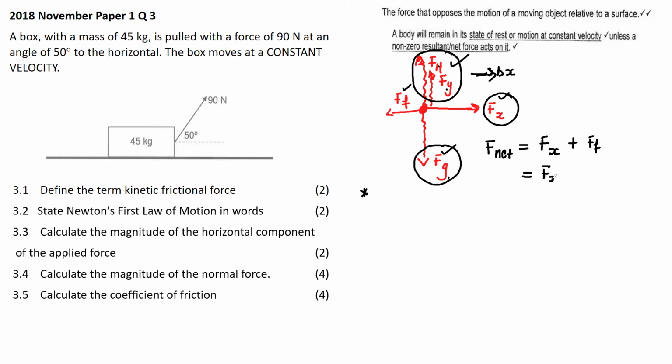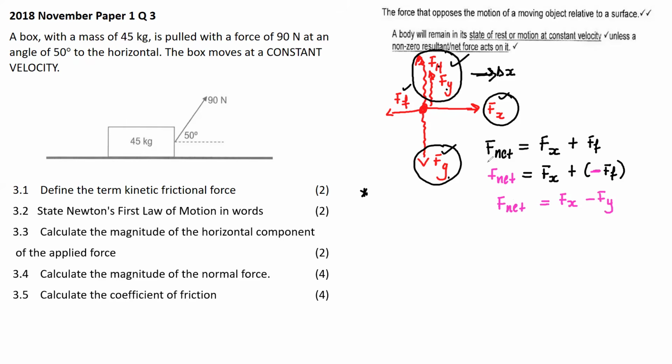The force of friction is acting opposite to the displacement of the object, and according to the rules of vectors, the force of friction should be negative because it's acting opposite to the displacement of the object. So in essence, the net force is actually Fx minus Ff.